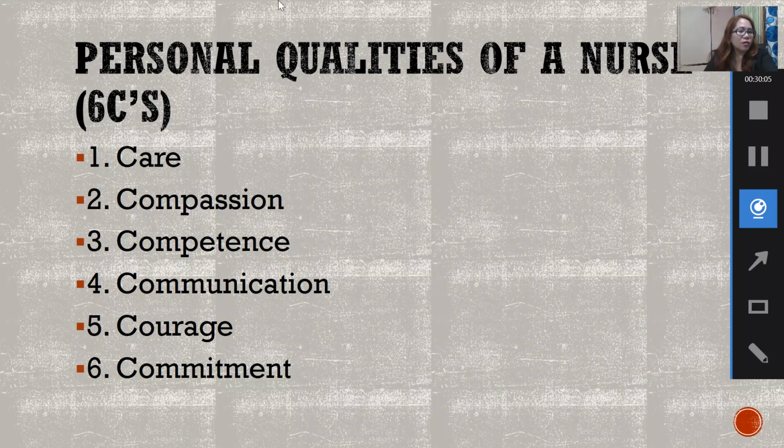And another one, or the second C of personal qualities of a nurse is the compassion. So, ano ba yung compassion? You have to show kindness, okay? Caring and willingness to help others, okay? Yung positive emotion, yung i-attract mo.